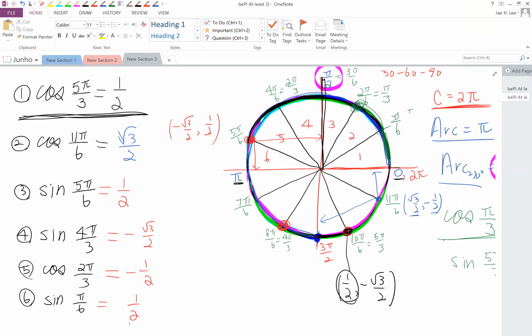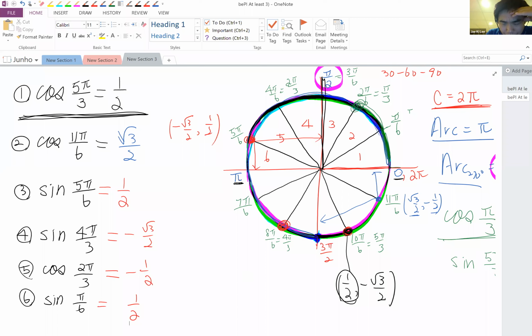When the angle is close to the x-axis, the sine is 1/2 and the cosine is √3/2.